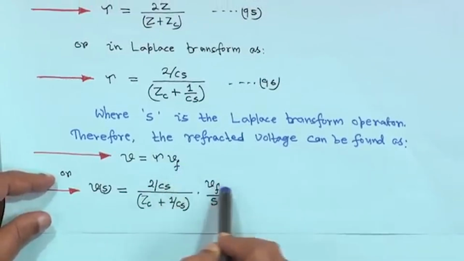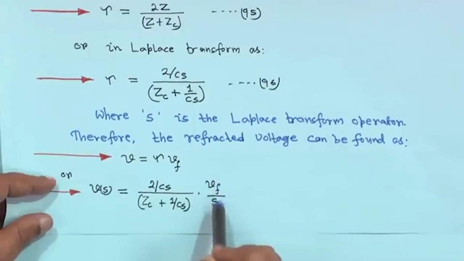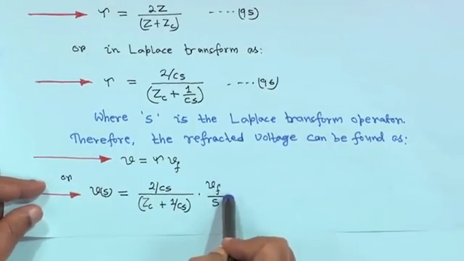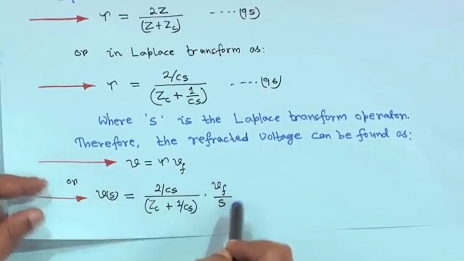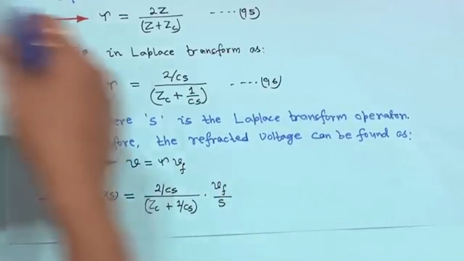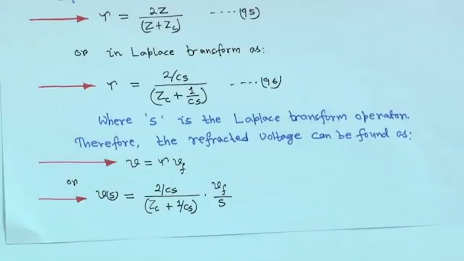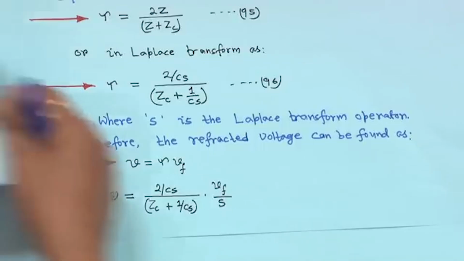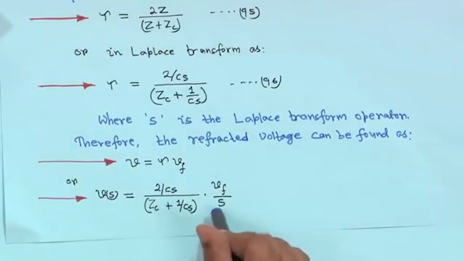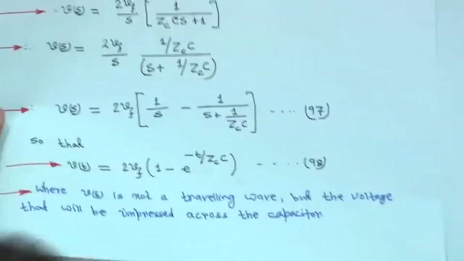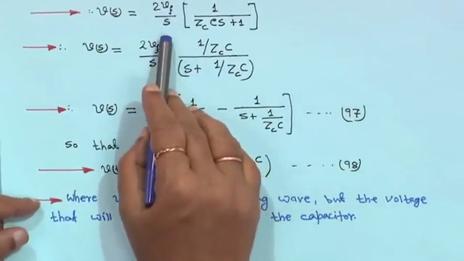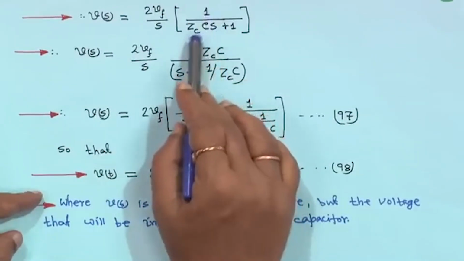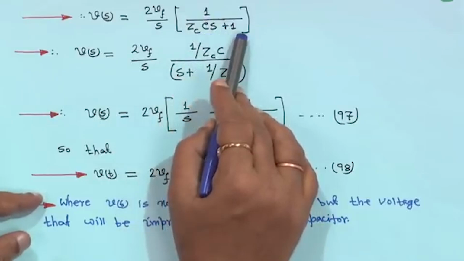That is why Vf is replaced by Vf upon S, because of the step function we have assumed. If you simplify this equation, you will get Vs is equal to 2 Vf upon S into 1 upon Zc Cs plus 1.